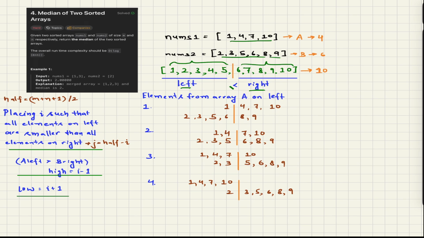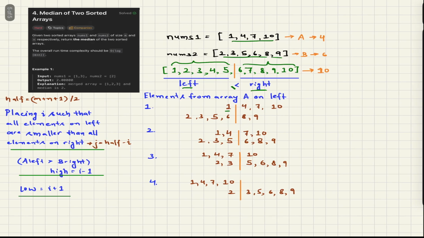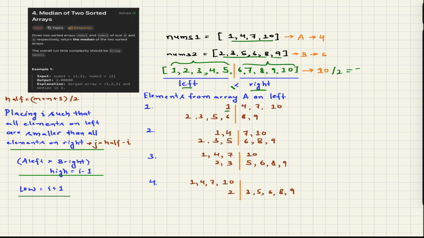Now the entire game becomes placing a partition such that all the elements on the left hand side are smaller than the right hand side. How many elements can I take from array A on the left hand side? Since 10 by 2 is 5, my left and right hand sides will contain an equal number of elements.